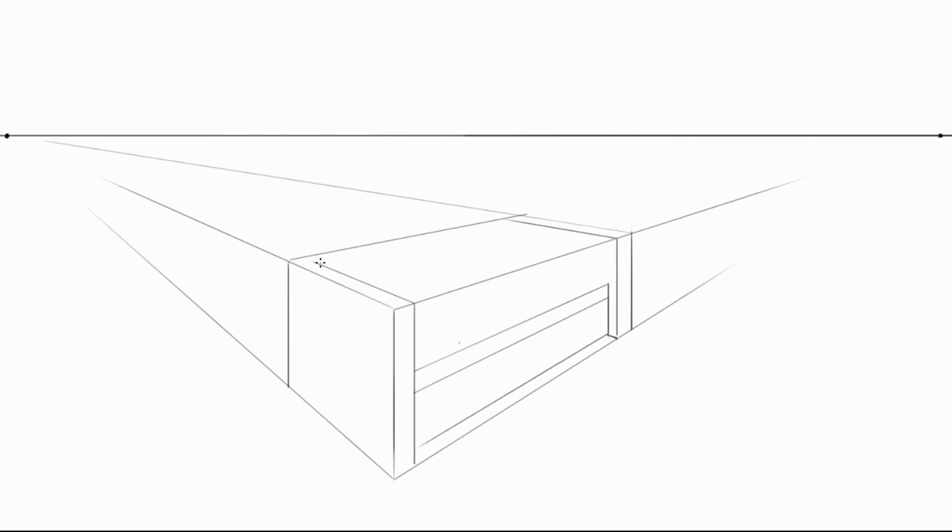Now the backrest, so add a slight curve line, and define the thickness first, then same the other side, the height. Now it's time to connect from the right side vanishing point to define the height.